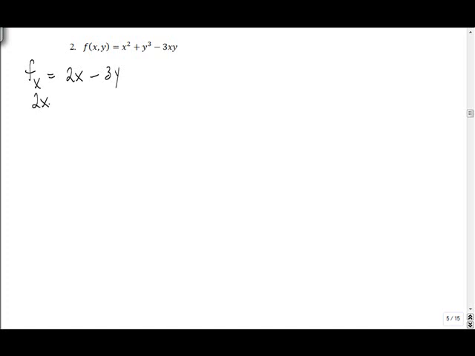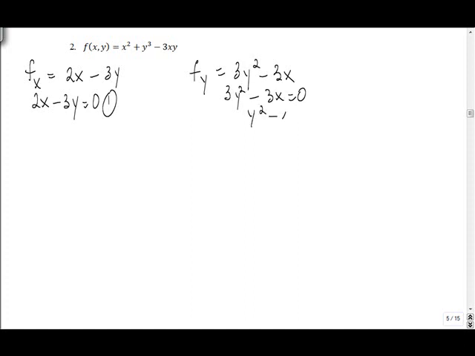Put this equal to 0. There's nothing we can do here. Leave it alone. So let's call this 1. Partial with respect to y is 3y squared minus 3x. Put it equal to 0. And divide by 3, y squared minus x equals 0. Call this 2.